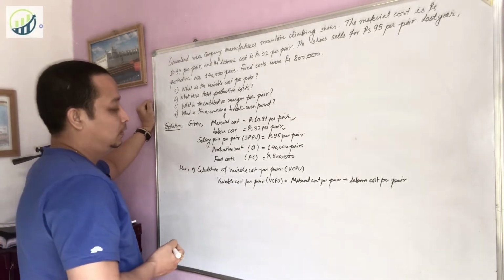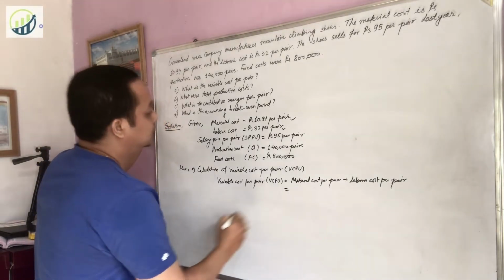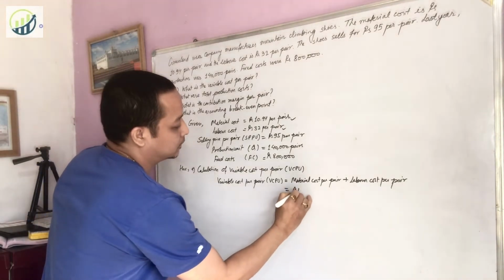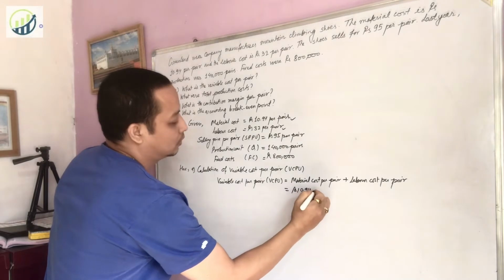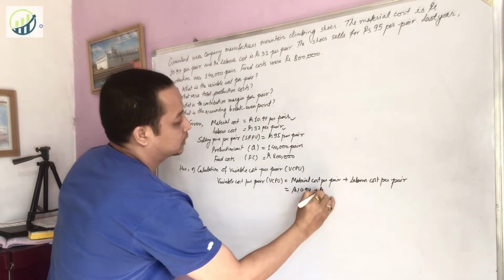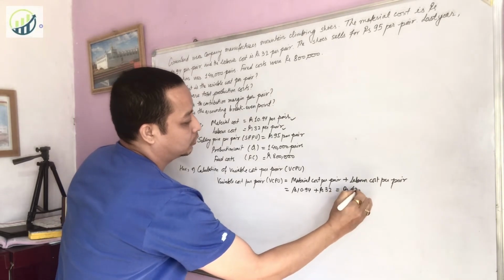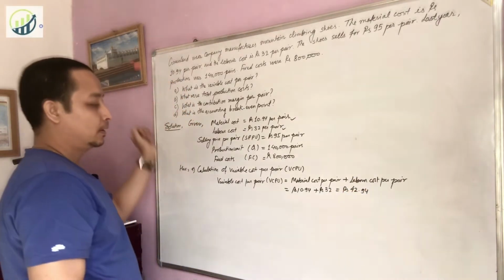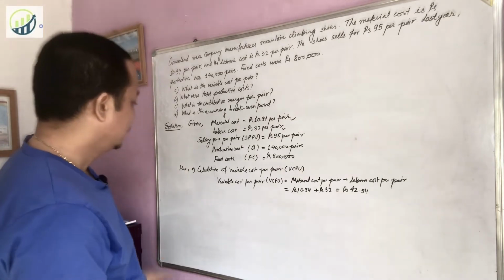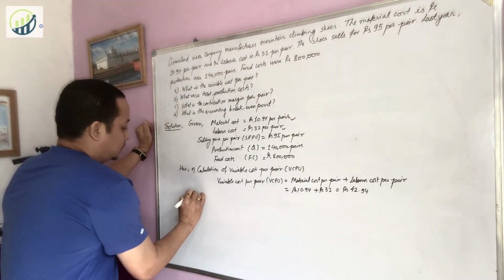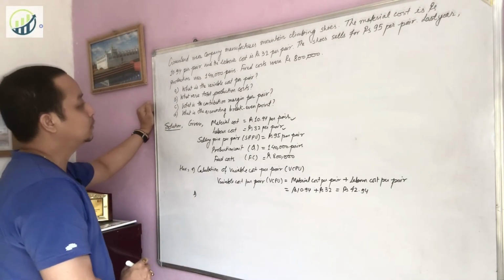Okay, so now here material cost is rupees 10.94 per pair plus rupees 32, that is rupees 42 and 94 paisa. This is the variable cost per unit. Now second, total production cost.